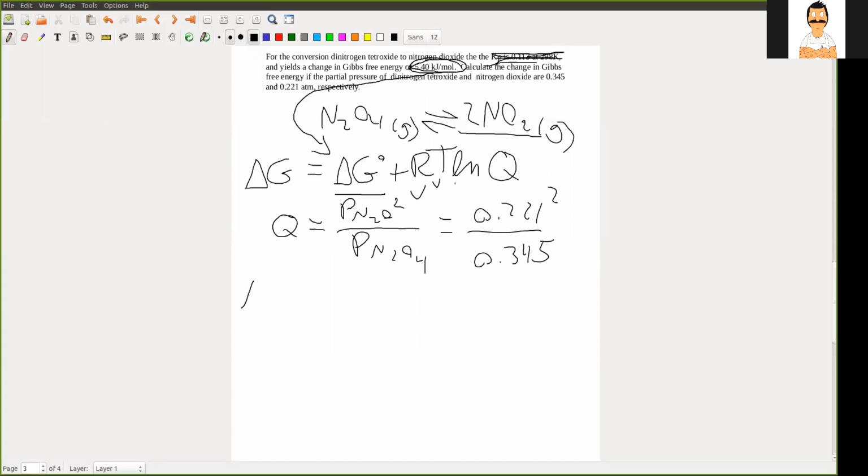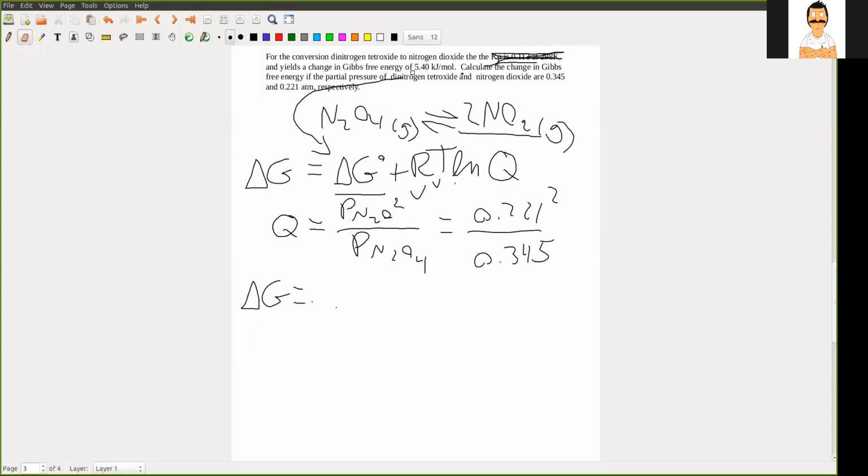So we could just rewrite this whole equation, plugging in the values that we have. I think what we're going to do is make a small correction here. We need to evaluate this term here, this 5.40 kilojoules per mole.